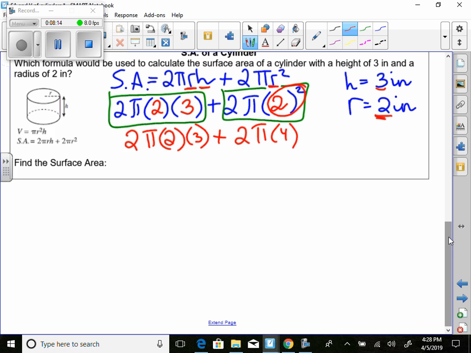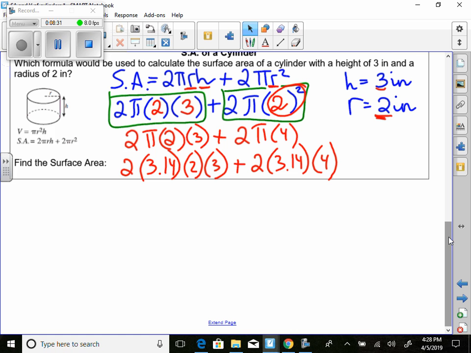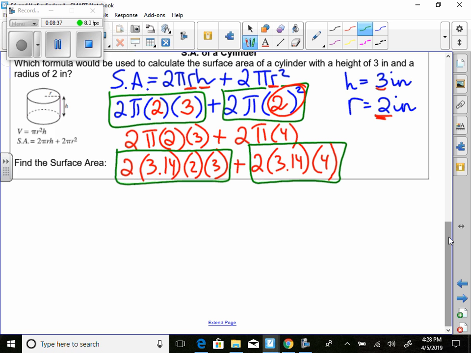Okay, so now it's okay to replace pi with 3.14. Plus 2 times 3.14 times 4. Again, following order of operations, I have to multiply first, and only then I can add those numbers together.